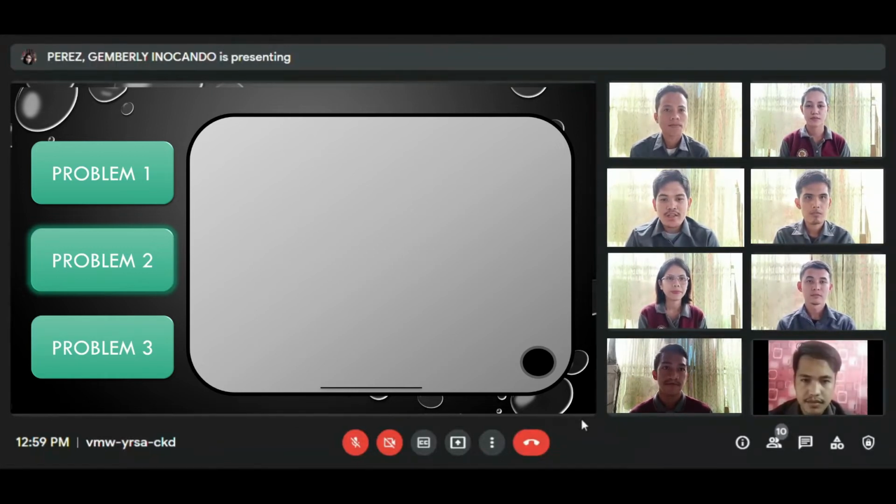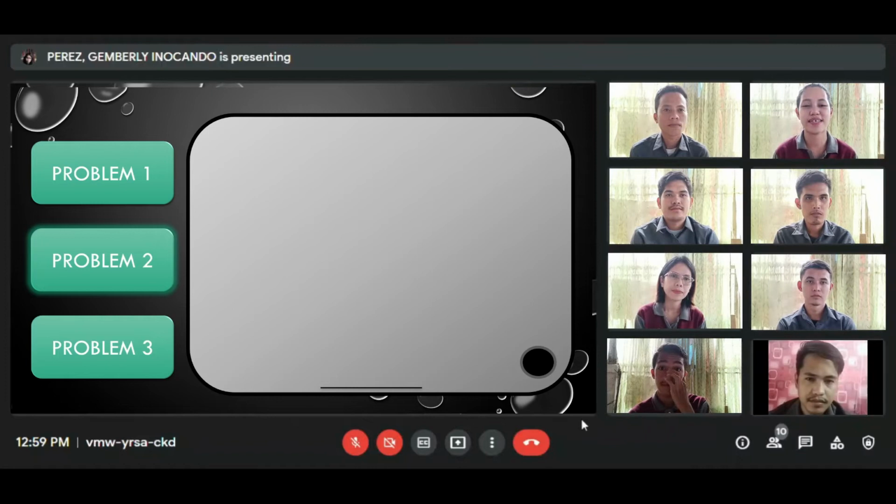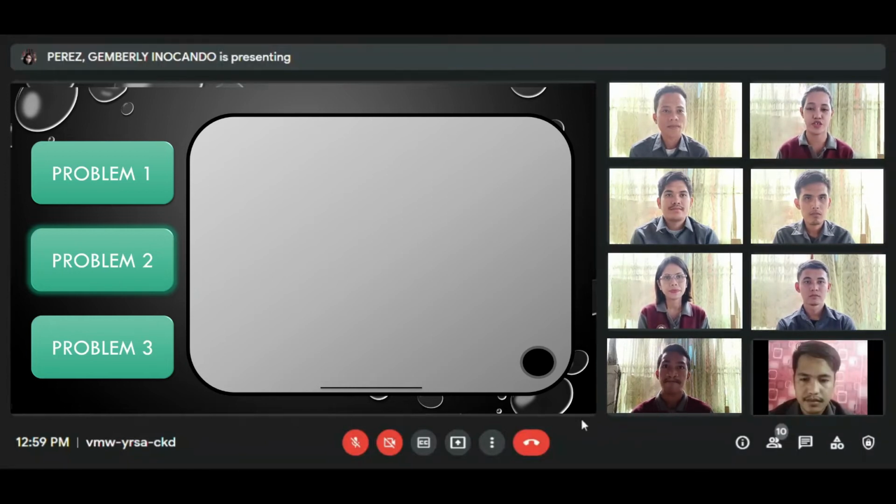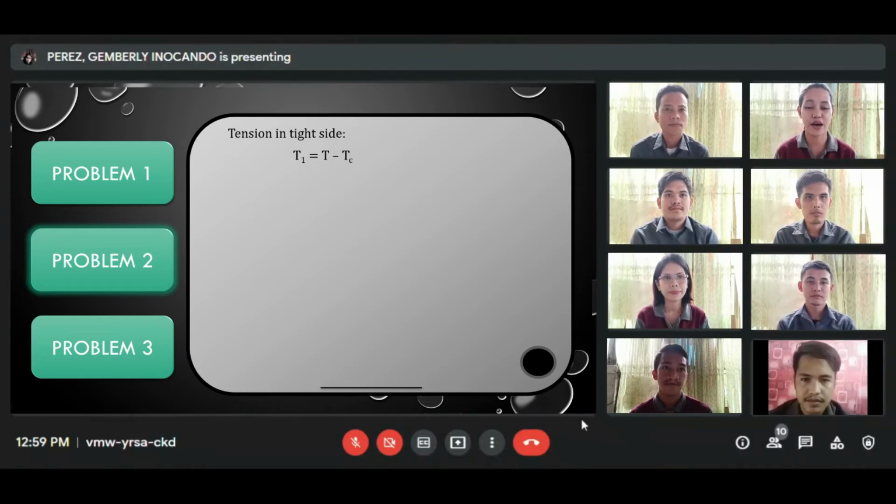The following solutions are discussed by Miss Alcantara. Thank you, Mr. Miyasi. To continue, since we already have the value for tension and the centrifugal tension, we can now compute the tension in the tight side, or T1. The formula for T1 is T minus Tc.